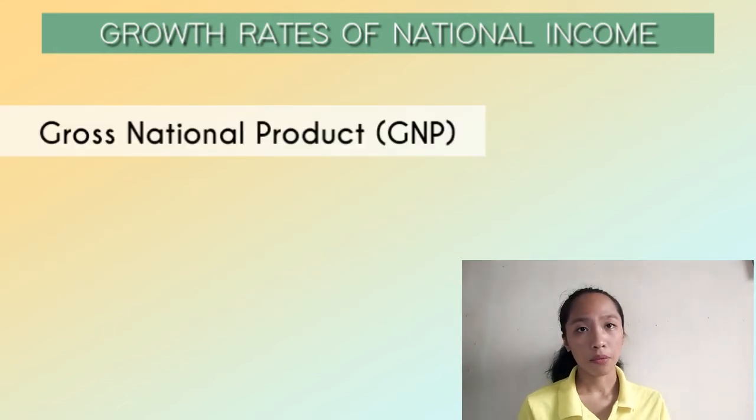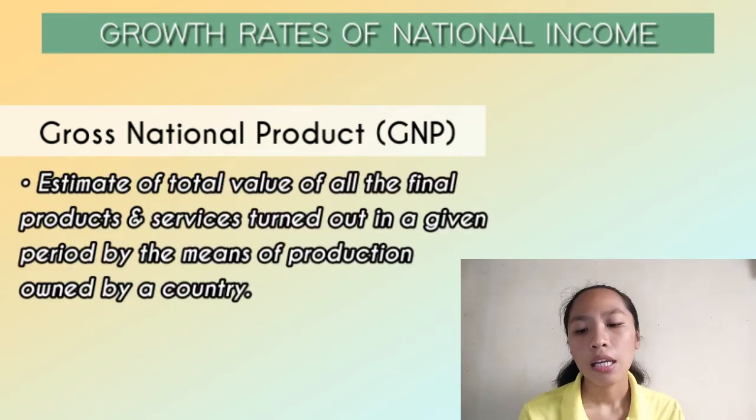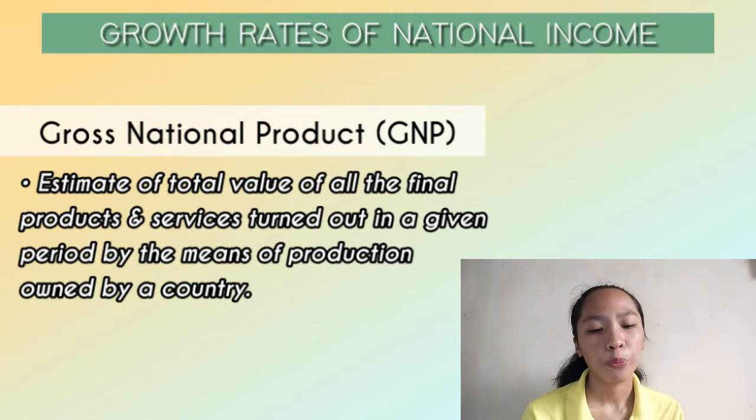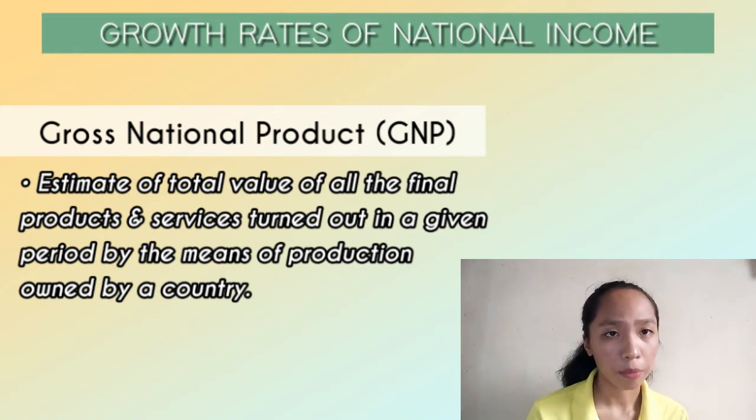So what is GNP, which is gross national product? Gross national product is an estimate of the total value of all the final products and services turned out in a given period by the means of production owned by a country.